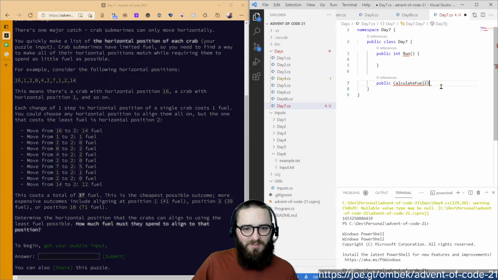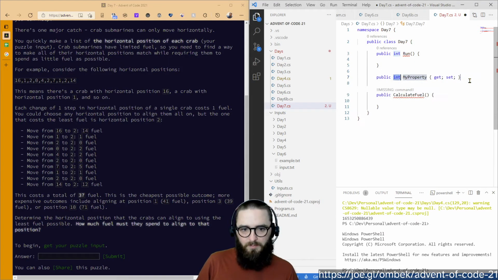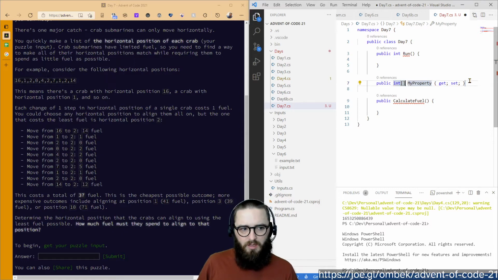Calculate fuel is going to do some things based on the int array of input, or let's call them crabs, because then I can update them.